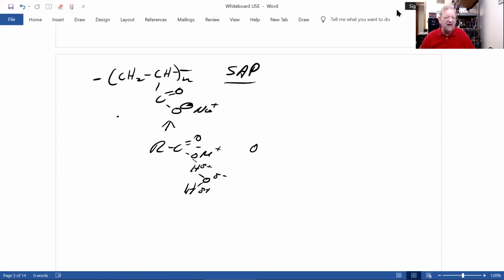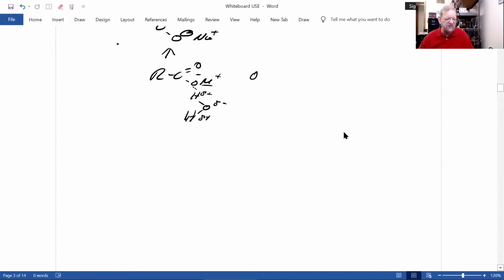And here M is sodium, and n is on the order of about 500,000 to a million. And this is what absorbs the water. So in this lab, you're going to take this molecule and put some water in there.